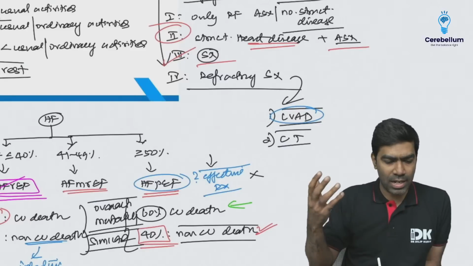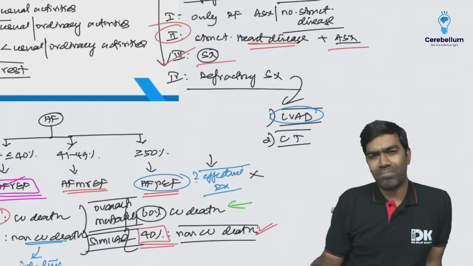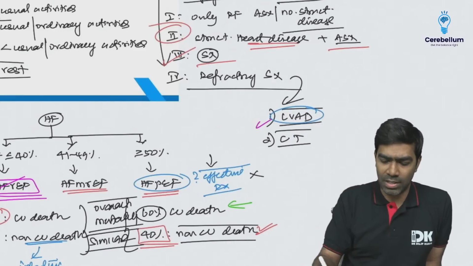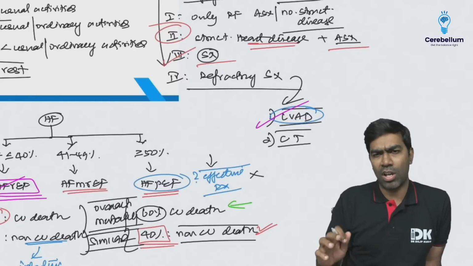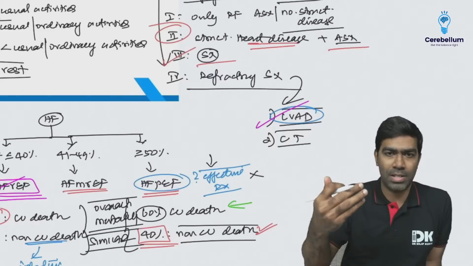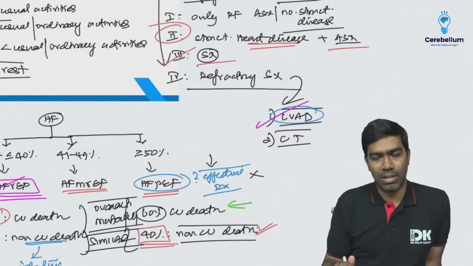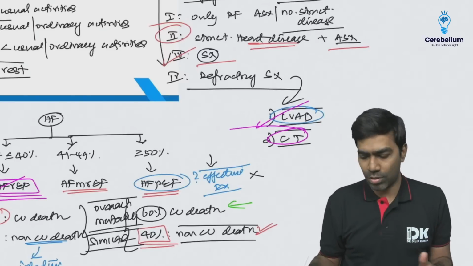Till the patient is getting a transplant, you can use an LVAD device, or you can use it as a destination therapy. In patients who are not eligible for transplant, this could be the final treatment. So till their death, they can be maintained with the LVAD itself. Or you can use this as a bridge to transplant. Till the patient is getting a transplant, you can maintain the patient and their life with left ventricular assist devices. Final treatment is cardiac transplant. Okay, so that's the ultimate option.